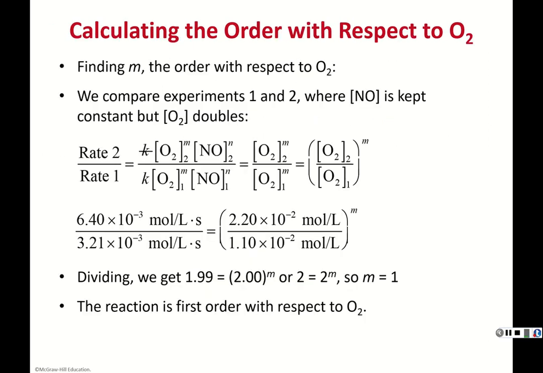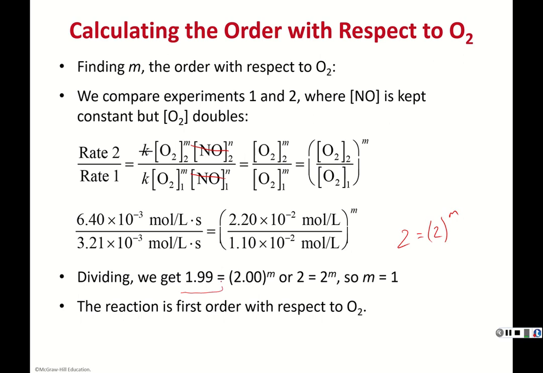And the slides here go through this math. So for the first and second experiments, we're keeping NO constant. We look at the 2 rates of those experiments with respect to the concentrations of O2, right? We're just plugging these numbers in from the table, and again, we get 2 equals 2 to the m power, so m has to be 1.